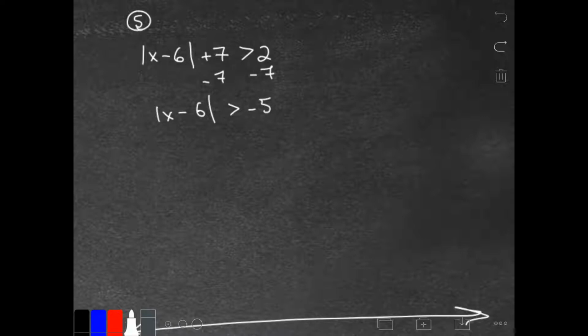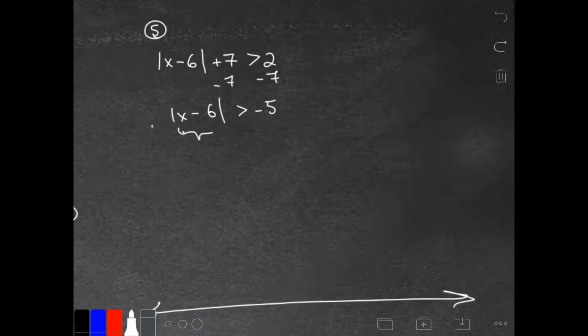Well, when I think about absolute value, whatever value I get here, when I take the absolute value, that's going to be a positive number. So a positive number greater than -5. I can plug in any number for x, and no matter what that number is, when I subtract 6 from it and take the absolute value, I am always going to get a number that is greater than -5, because the absolute value will make it positive or 0.